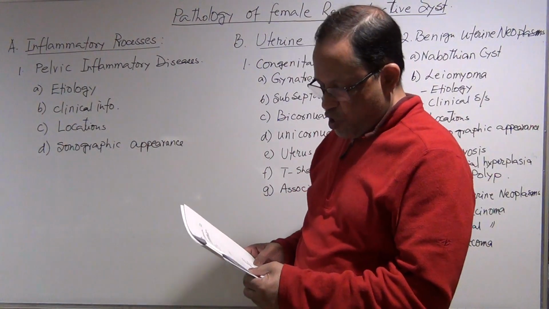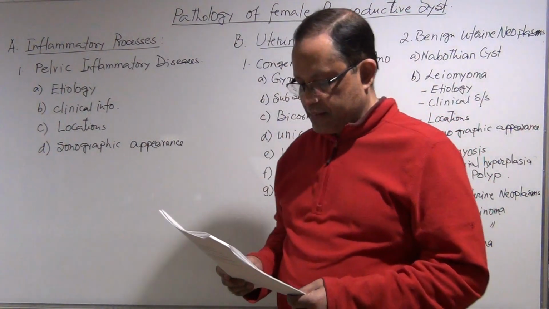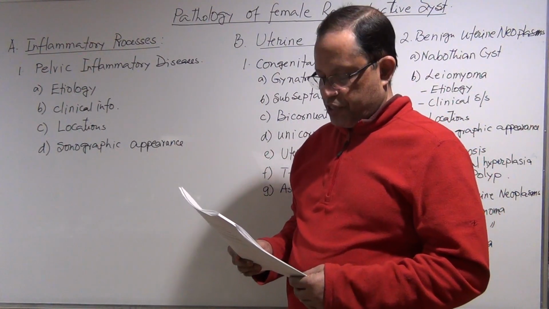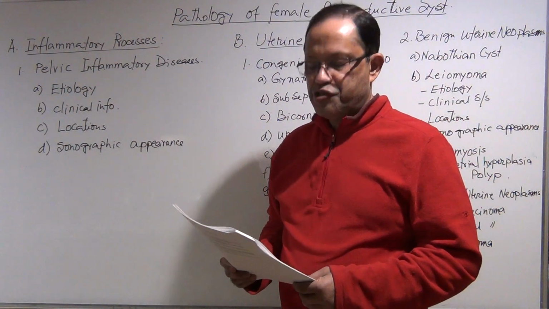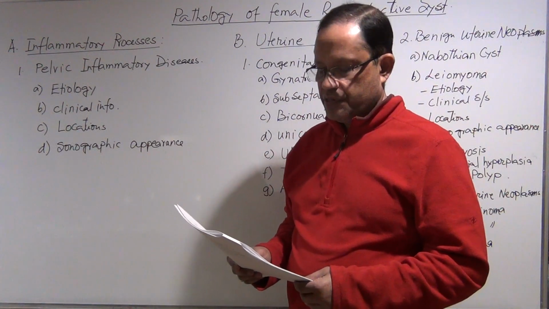The locations of the PID. PID may present as a specific mass based on the location of inflammation. The most common location is the fallopian tube. We call it salpingitis.